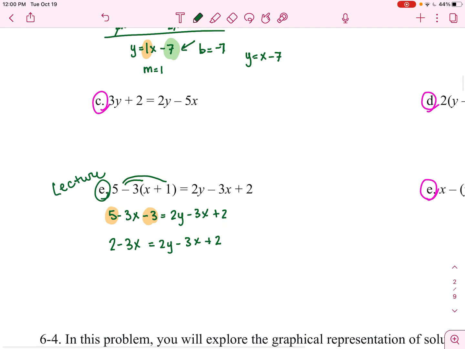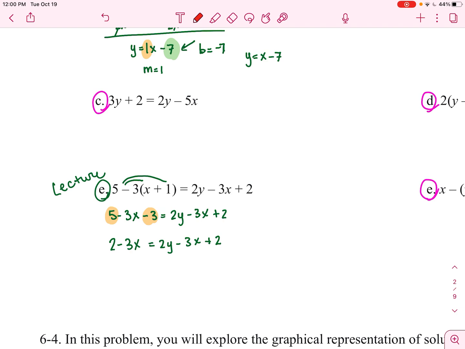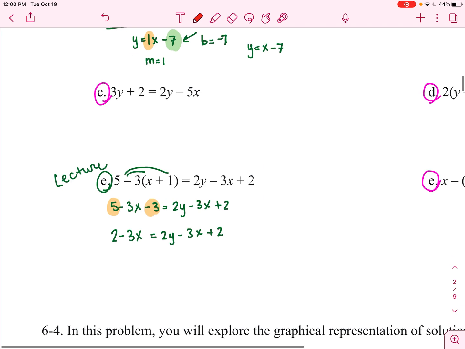Let's move my 2y to the left-hand side of the equation because we want it in y equals mx plus b form. There are different ways to do this. If you are really good at your algebra and you do this a different way, that is totally good. I'm going to subtract 2y on both sides. So now I'm left with negative 2y plus 2 minus 3x equals negative 3x plus 2.